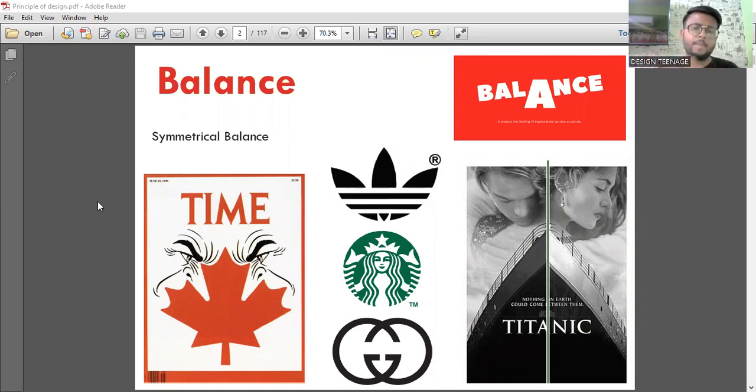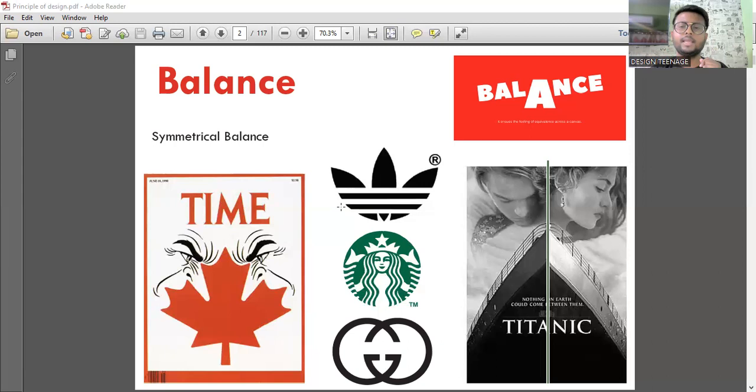Over here, symmetrical balance doesn't necessarily mean that on both sides of the axis things have to look alike. For example, in this magazine, if I am having a vertical axis, then what I will consider is that on both sides of the axis the weightage of the composition should be similar.